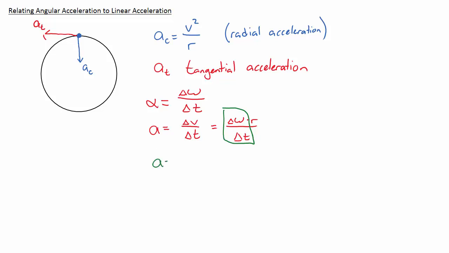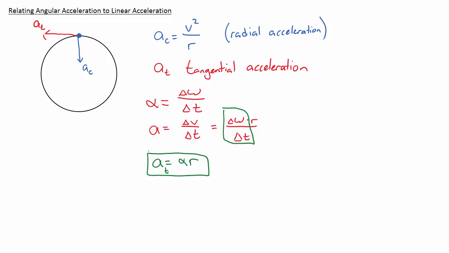So my linear acceleration can equal my angular acceleration times r. It's a very similar relationship, just multiply times the radius, the same relationship that you have with your linear velocity and your angular velocity. This is going to be my tangential acceleration. So what's important to understand here is that tangential acceleration is equal to the angular acceleration times r.